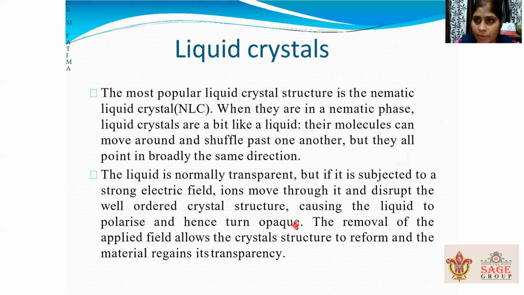The removal of the applied field or DC voltage allows the crystal structure to reform and the material regains its transparency. So if potential is given to the liquid crystal, it becomes opaque, and if the potential is taken out, the crystal will be transparent.